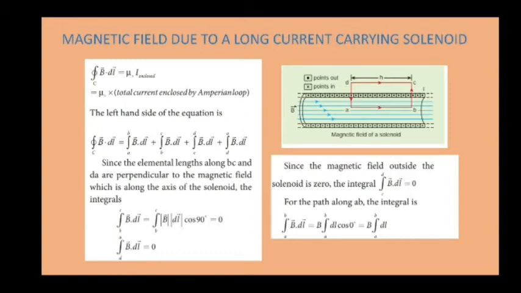How, dl is equal to L? We can take very large loops such that it is equal to the length of the solenoid L. So the integral value A to B B vector dot dl vector is equal to BL.